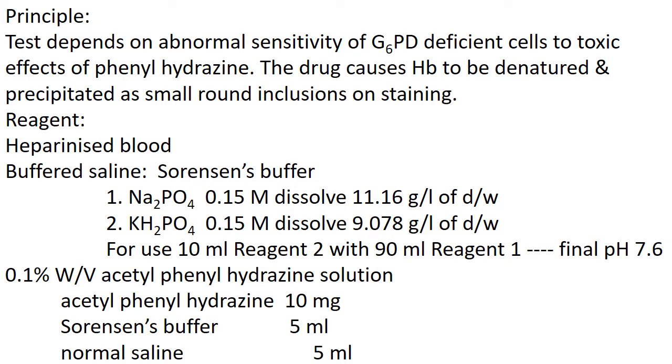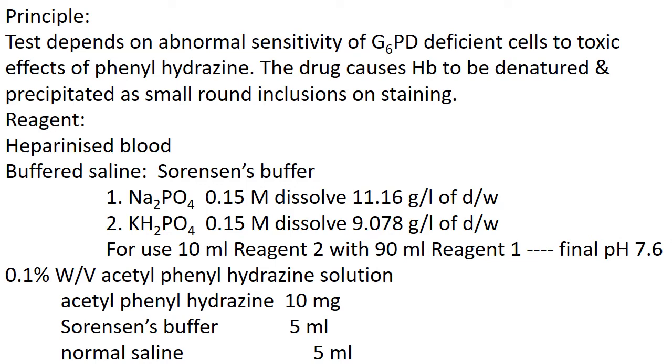Solution B: potassium dihydrogen phosphate 0.15 molar, dissolve 9.078 gram per liter of distilled water. Mix 10 ml of solution B, that is reagent 2, with 90 ml of reagent 1 for a final pH of 7.6.